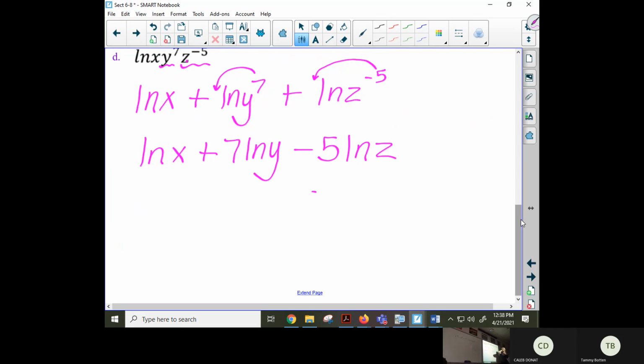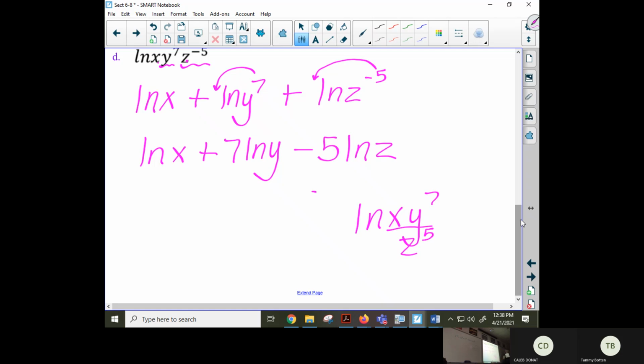Would we not have to do the division between the last two? This is all multiplied together. Are you thinking that because that's negative, you could bring that to the bottom? You could think of it that way. So like you could think of this as natural log of x, y to the 7th over z to the 5th.